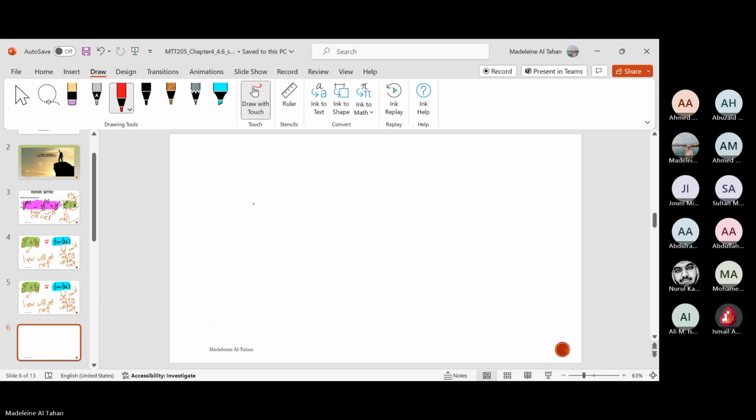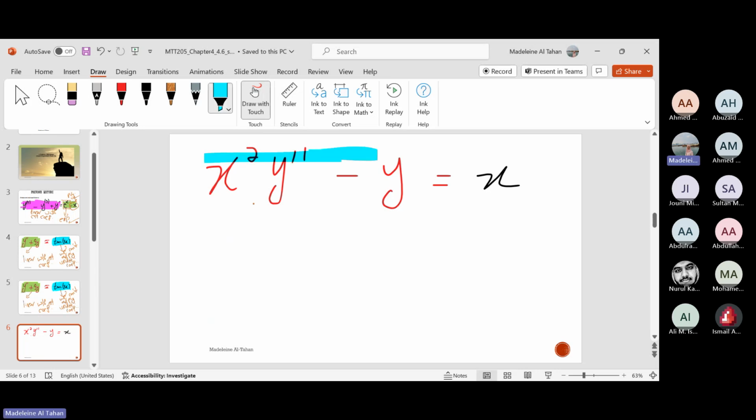Okay. Now let's look at this example. Are we able to apply the undetermined coefficients? I think no, because it's not a constant. Exactly.